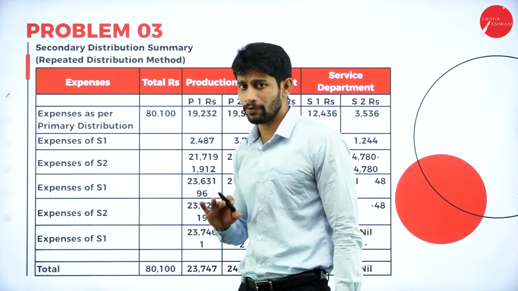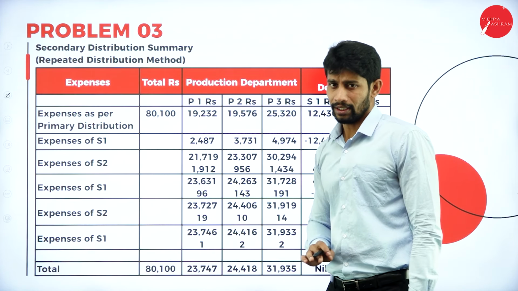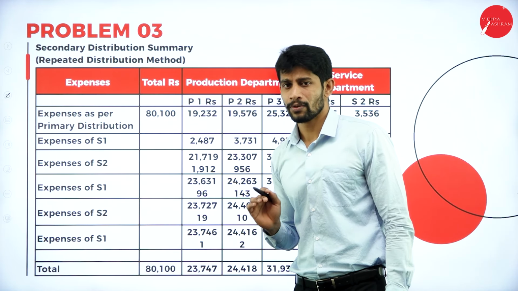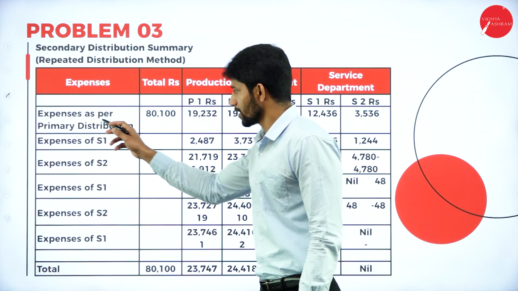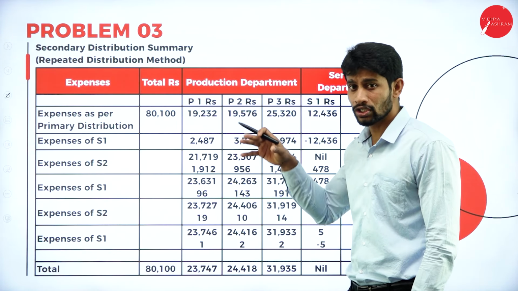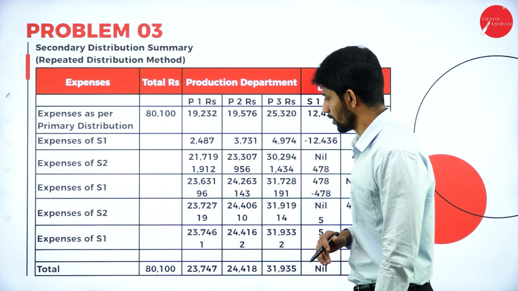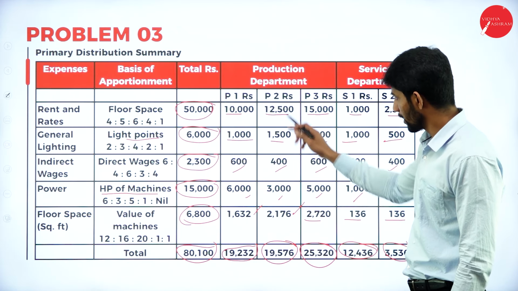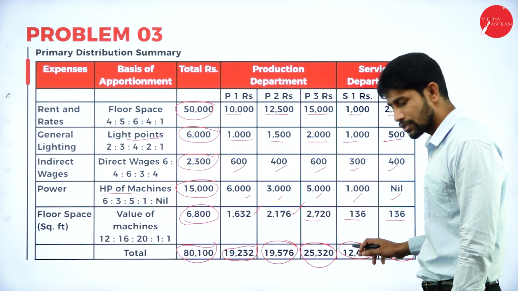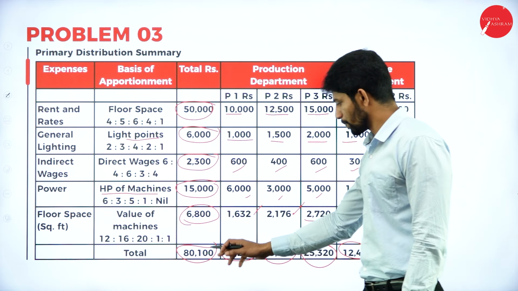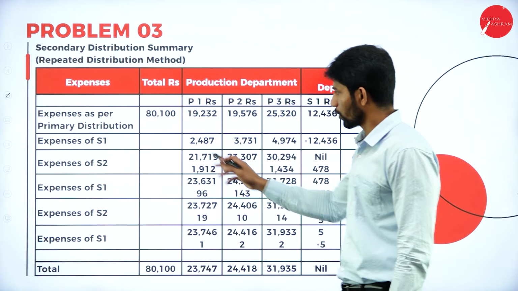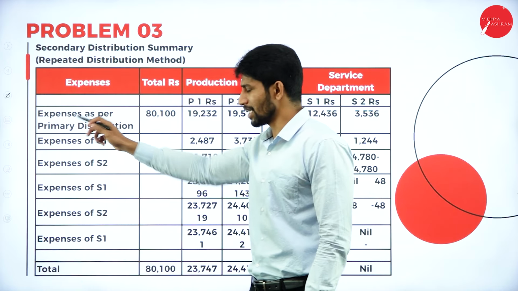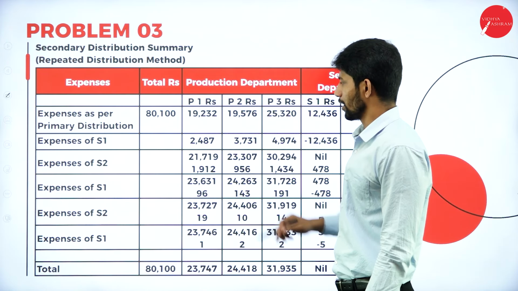So what is the format? The format is very simple. Expenses total, that is total expenses, production department, service department. In secondary distribution, first you are supposed to write the expenses as per primary distribution. So the total expenses 80,100.